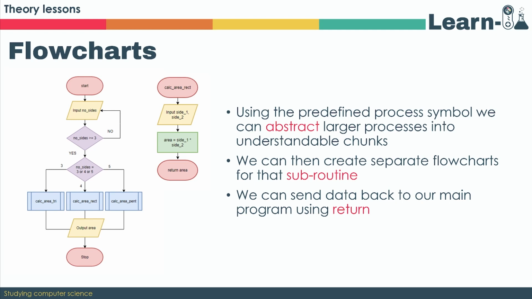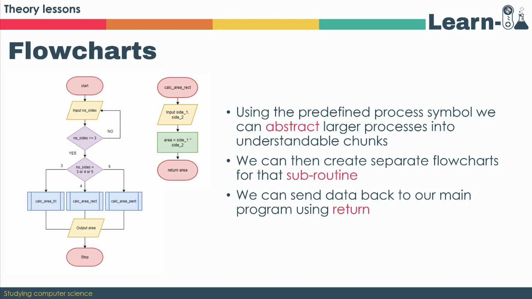We'd then do area equals side 1 times side 2. And then this idea of returning a value, I can send whatever's inside area back to my original program, and then I can output that. Okay, so obviously if we had two numbers and we had 2 and 3, we'd then multiply those together to get 6.